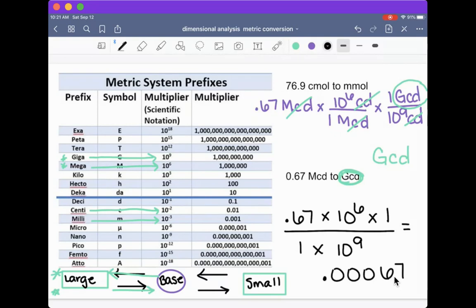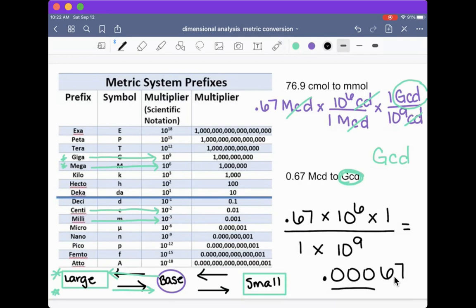Now, in true sig fig fashion, technically, you are in the correct number of sig figs because all these zeros in the front don't count. But we're going to simplify how it looks. So we're going to go ahead and just put it in scientific notation just to get rid of all those extra zeros, and it kind of cleans up the answer.